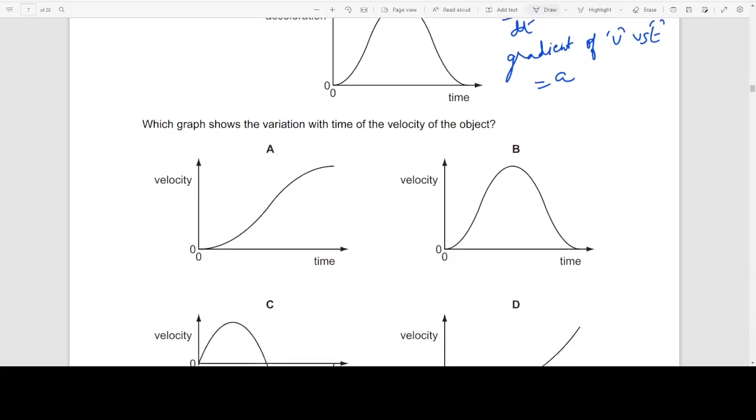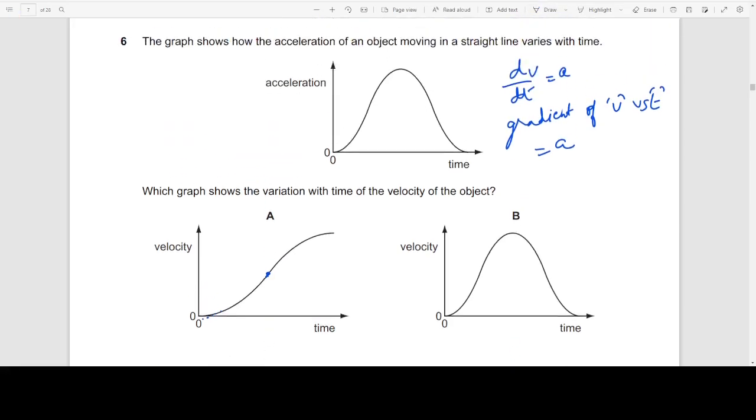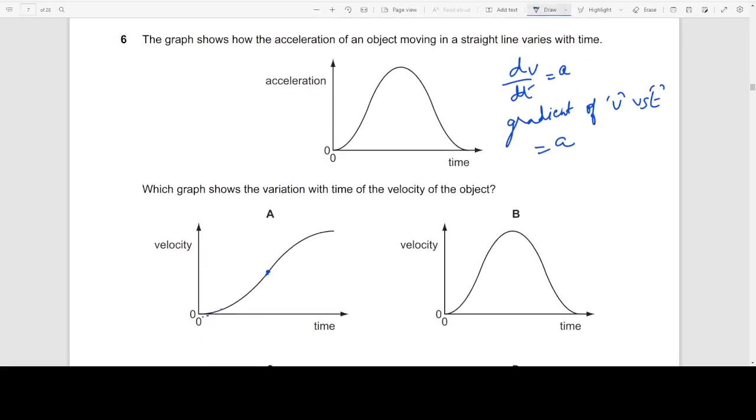So let's look at the first graph over here. According to the first graph, the gradient increases till this point, then it starts decreasing again. Correct. So this is actually what this diagram is showing.